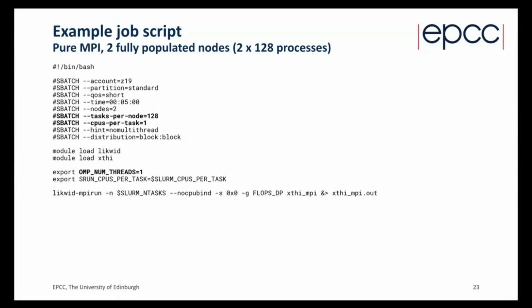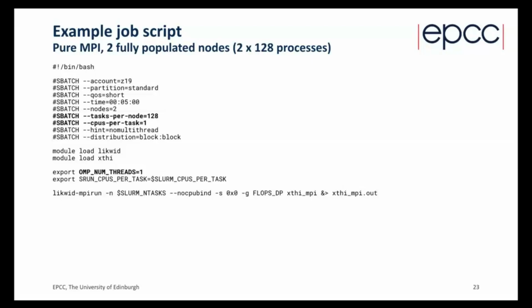This should all be quite familiar, and this is part of letting srun handle process binding as usual. So then we tell likwid-mpirun how many tasks in total using this Slurm variable. And there's no real other pinning options required because it's just going to fill everything up, all the nodes according to the total number of tasks.